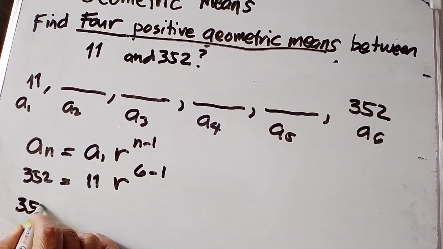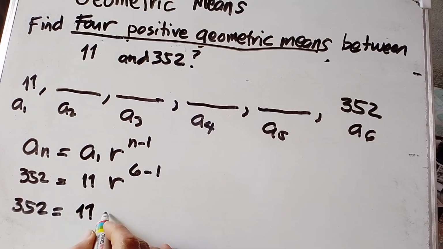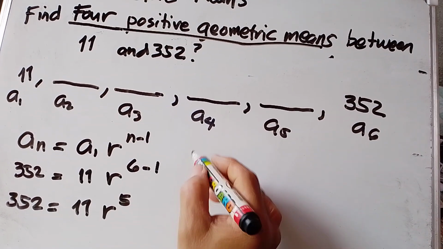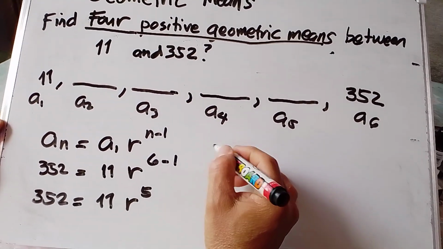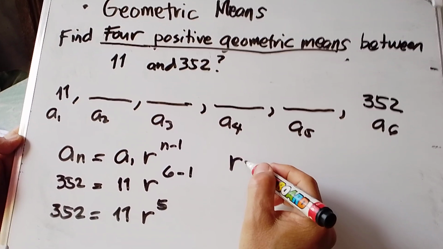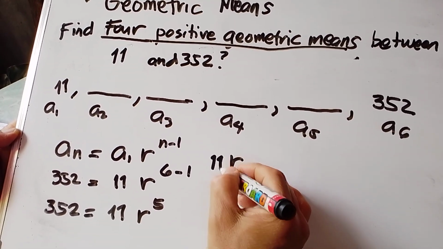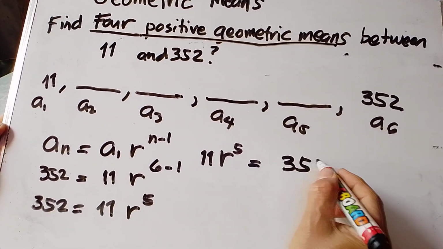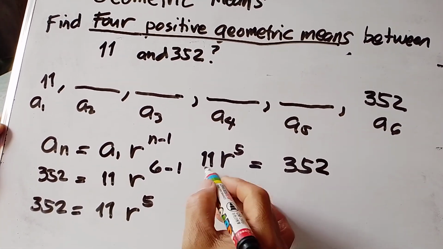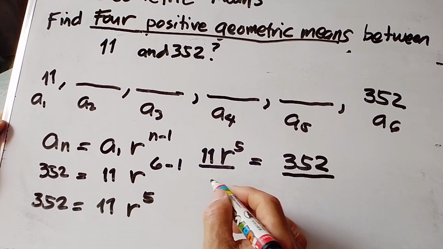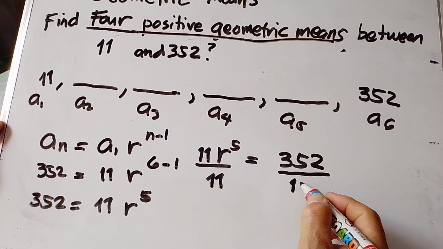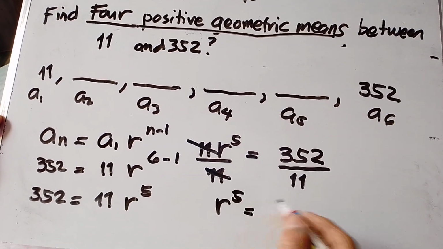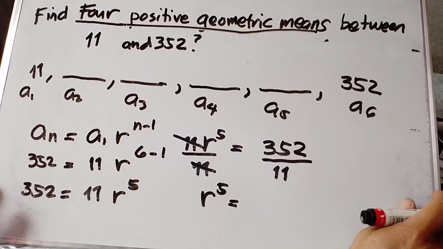So 352 is equal to 11 times r, 6 minus 1 is 5. And then we need to solve r. Since I have here 11 r to the 5th is equal to 352, I need to divide both sides by 11 in order to solve for r to the 5th.